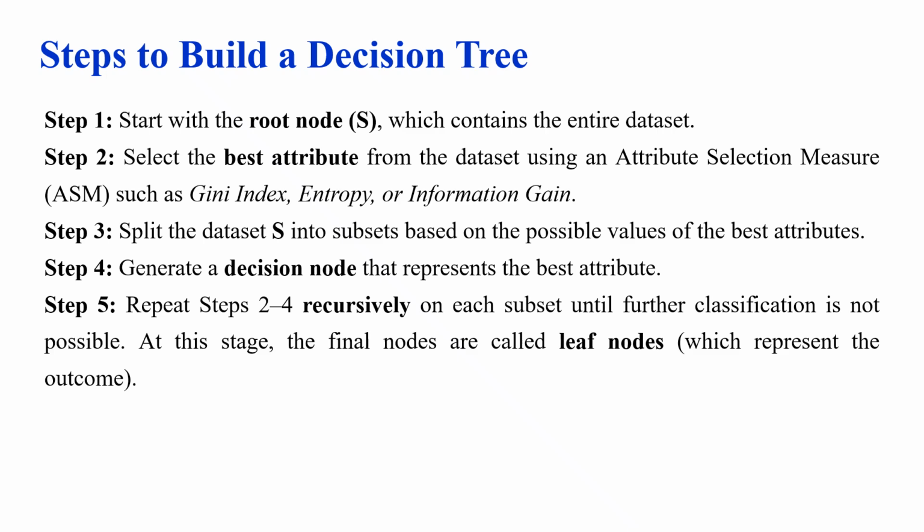Then split the data set S into subsets based on the possible values of the best attribute. Then generate the decision node that represents the best attribute. Then repeat steps 2 to 4 recursively on each subset until further classification is not possible. At this stage, the final nodes are called leaf nodes, which represent the outcome of the decision.